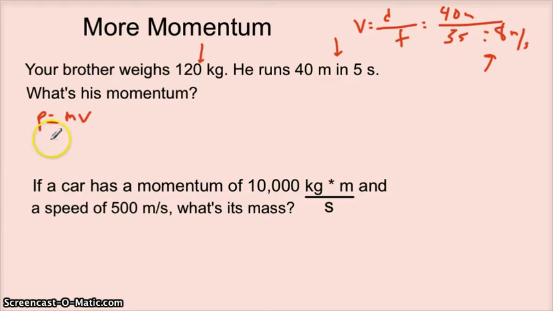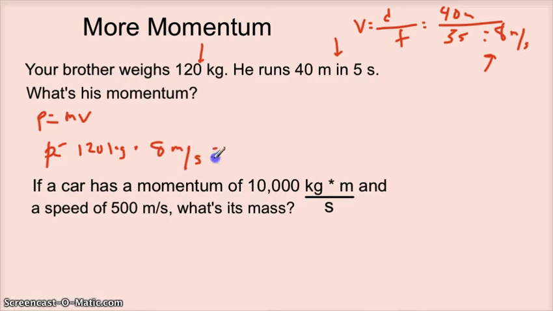Okay, so now we have the velocity also in 8 meters per second. So we'll go P equals mass, 120 kilograms, times, I'll just put the times symbol here, 8 meters per second.